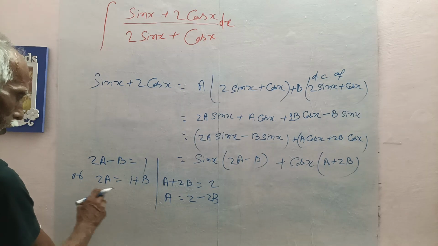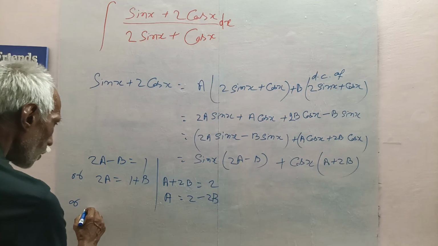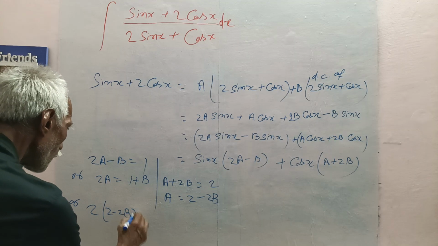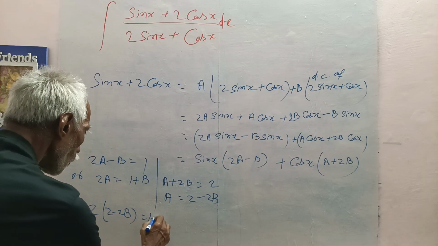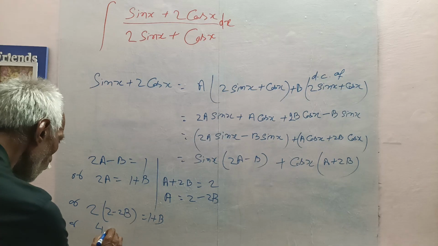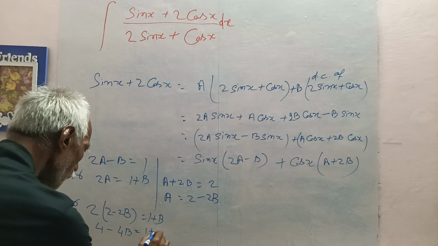Now write 2 minus 2b here, or 2 into (2 minus 2b) is equal to 1 plus b, or 4 minus 4b is equal to 1 plus b.